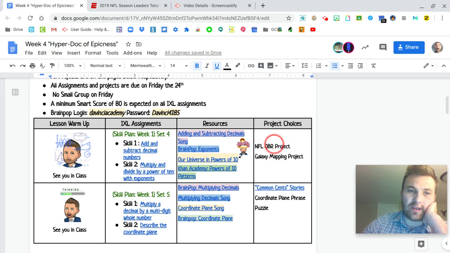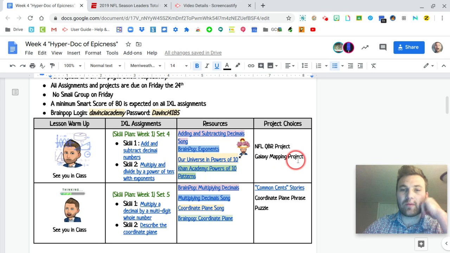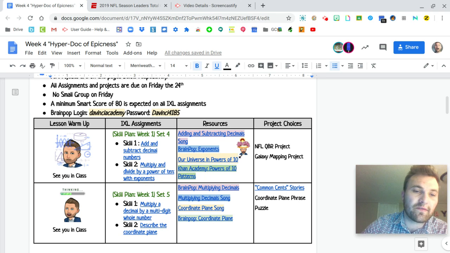And then 2 projects. One project relates to adding and subtracting decimals, and one project relates to powers of 10: the NFL QBR project or the Galaxy Mapping project. Then for the second set of skills, we've got multiplying a decimal number by a multi-digit whole number and describing the coordinate plane.